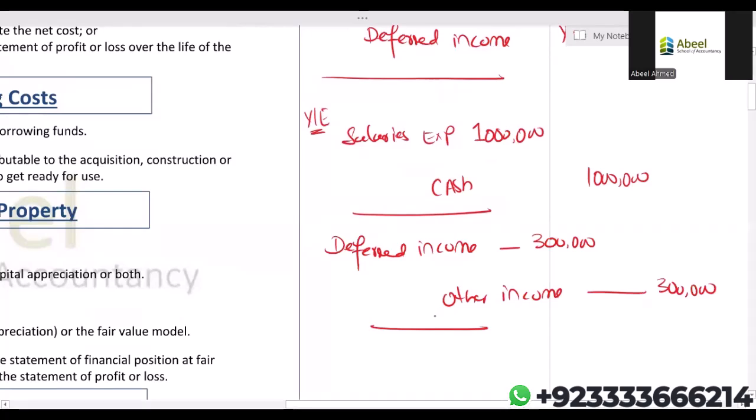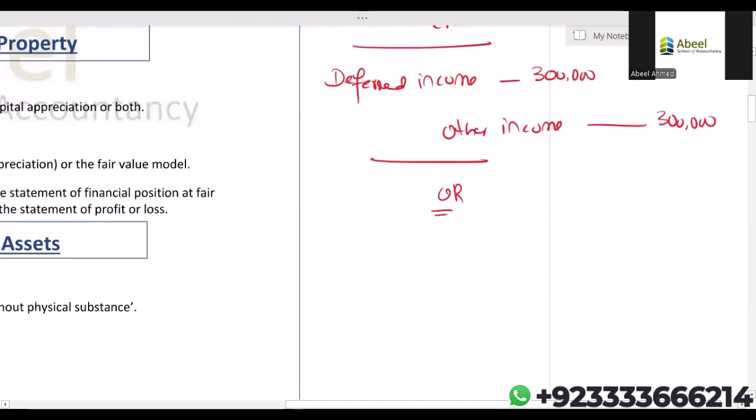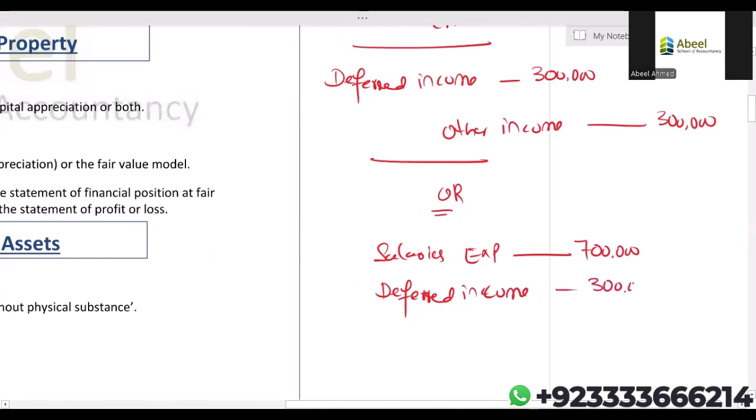But there is another possible, I would say acceptable, accounting treatment. Instead of doing this, you can directly debit the salaries expense by 7 lakh, debit deferred income 300,000, and credit cash or bank 1 million.